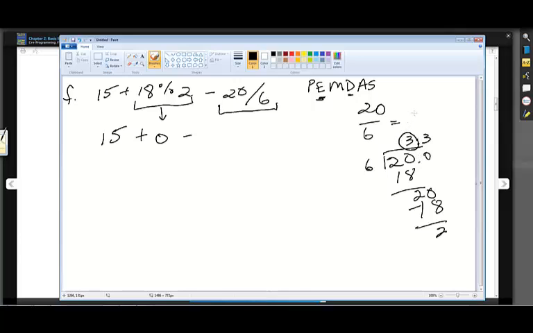So for part F, I'm going to rewrite this. This ends up being 3, and then 15 subtract 3 equals 12. That's your answer.